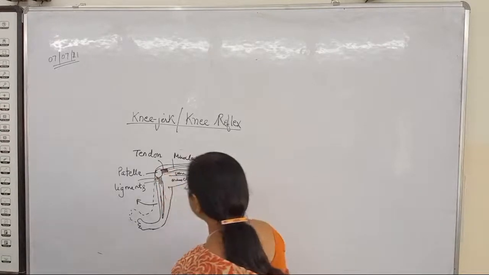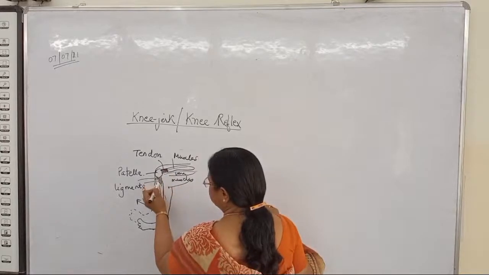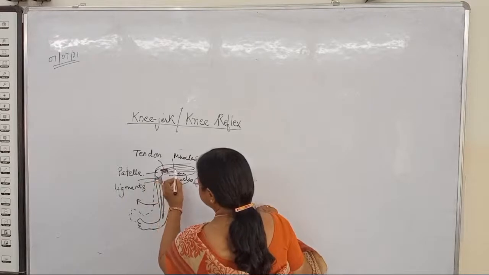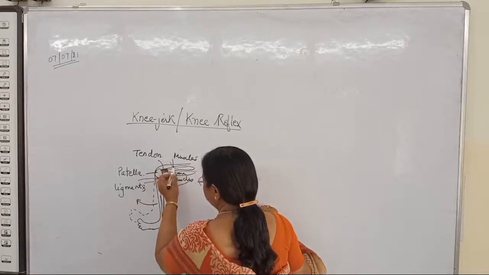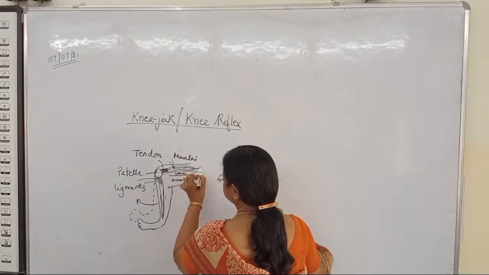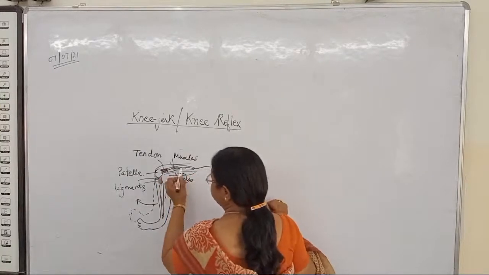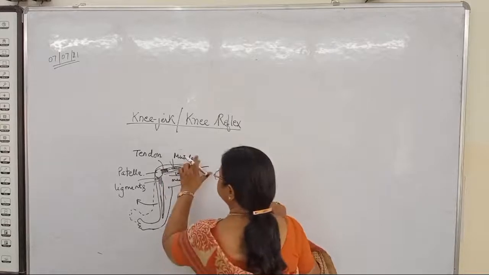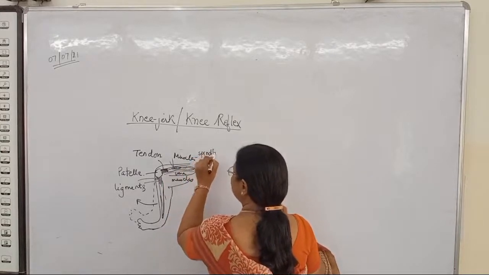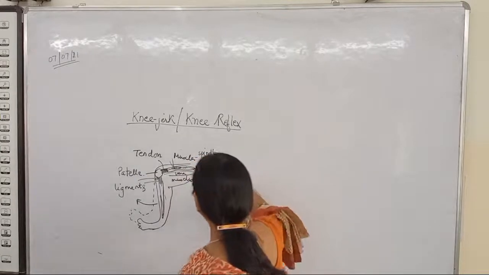So what happens? When you strike this, it stretches this muscle. That stimulation is passed on, and from here there are certain receptors. Now these receptors are called muscle spindles. You can see in your book that muscle spindle is there.